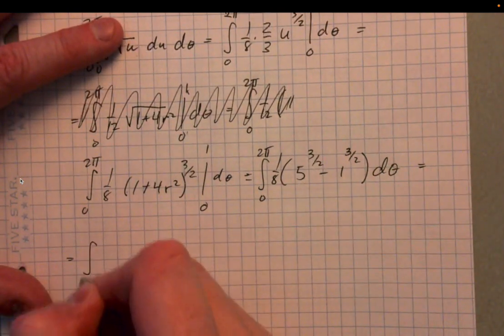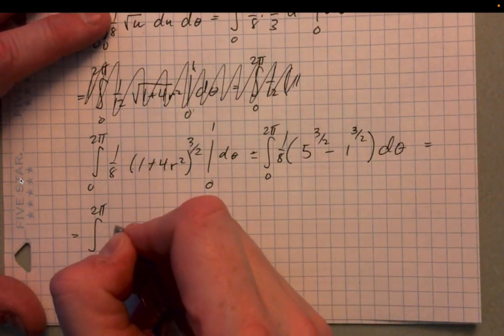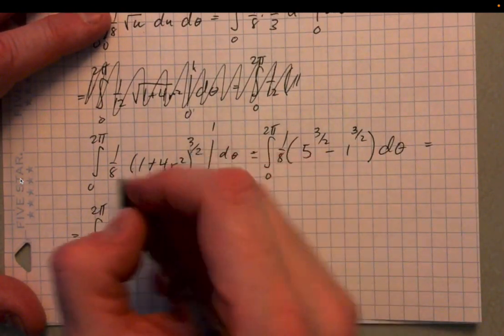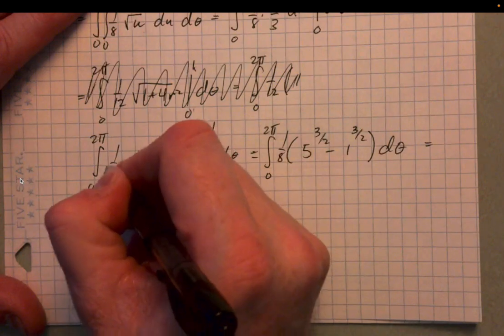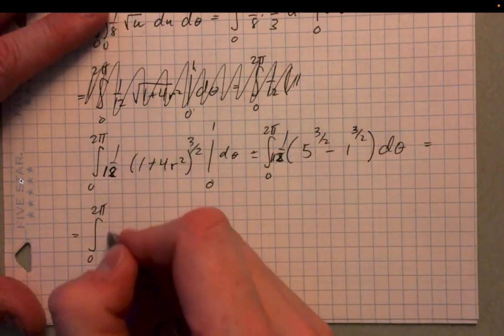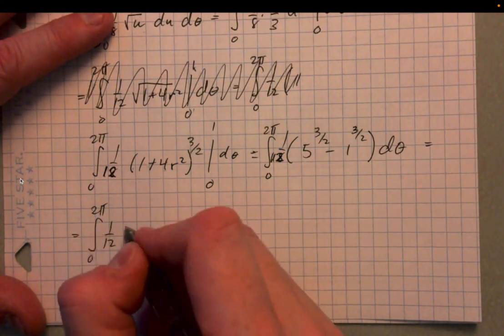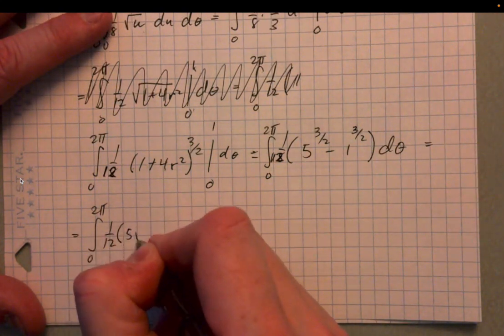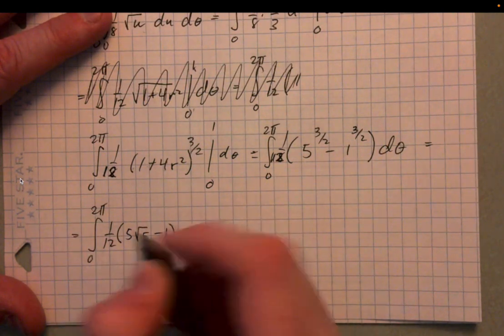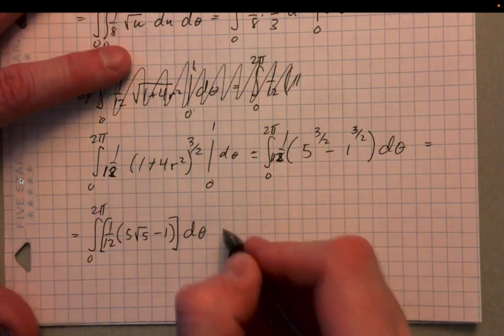Let's rewrite it one more time just to make it a little simpler before we finish it. And this should be 1/12. Sorry, making a lot of typos here. So that'll be 1/12 times 5 square root of 5 minus 1. Okay, so you've got this constant here, d theta.